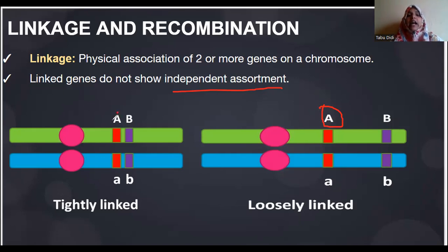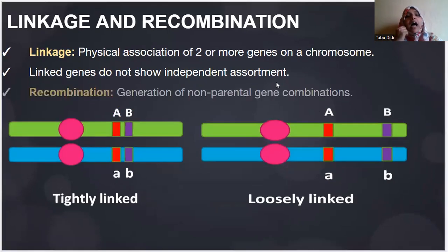But in this case, A is very close to B, so both are sort of dependent, and they will go together wherever they are expressed in the progeny. So these linked genes will not show independent assortment. This you need to know.